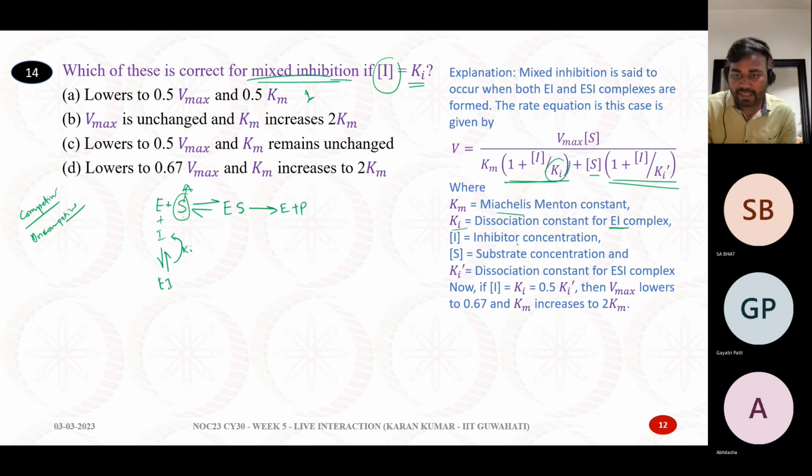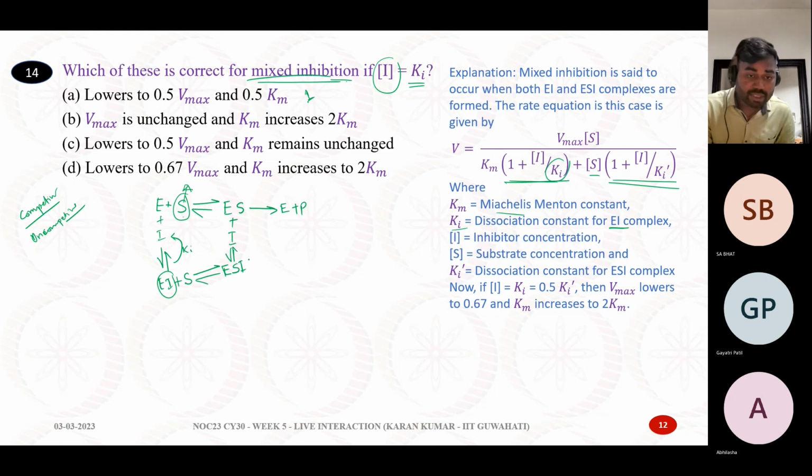And Ki dash is the dissociation constant of the ESI complex. Now what will happen? The enzyme plus substrate will also form an ESI complex. The substrate can also bind with the EI, or here also it can bind.